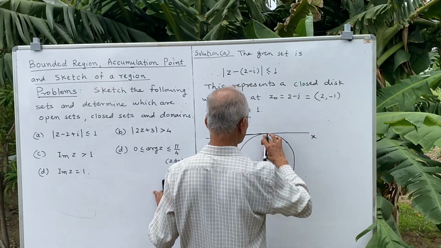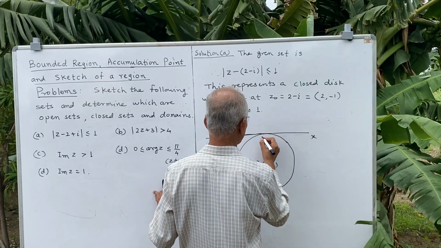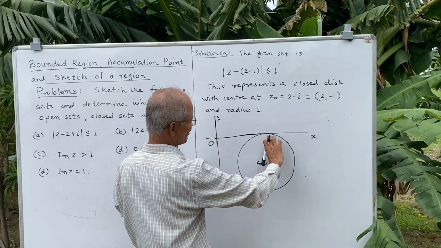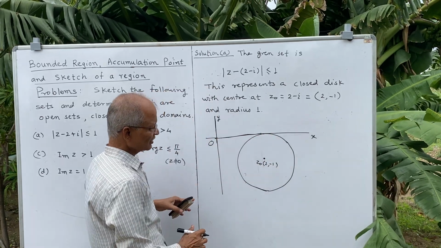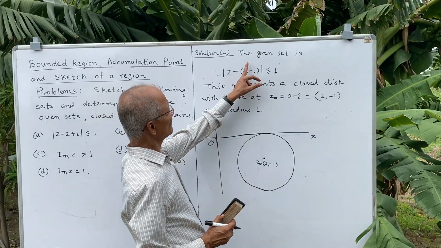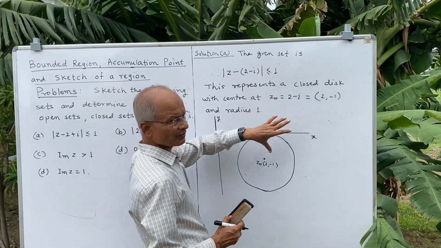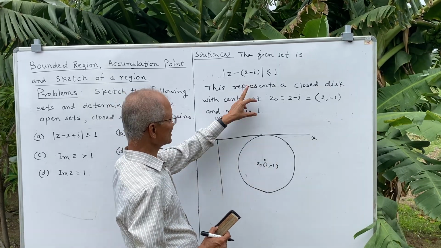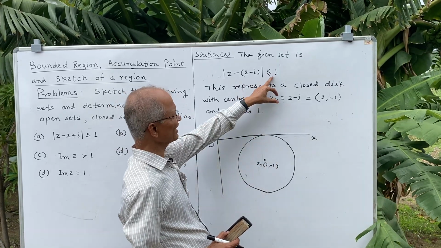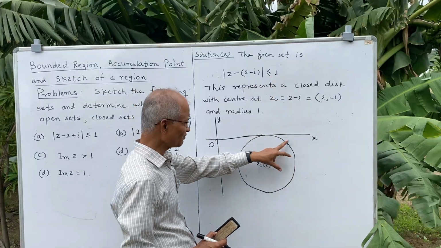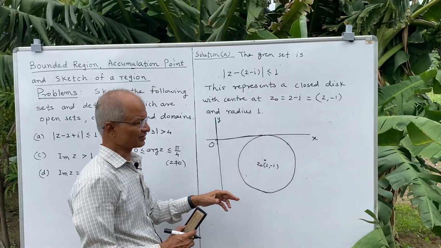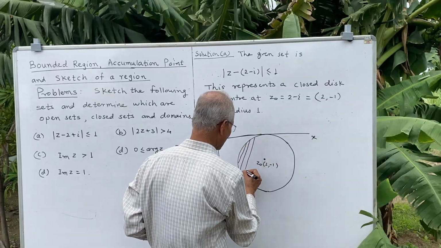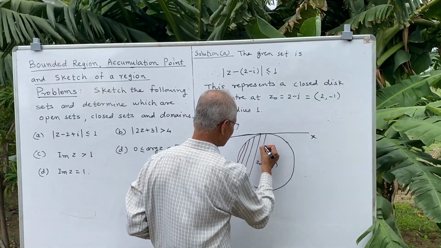This length is 1 unit, and the point here has x coordinate 2 and y coordinate minus 1. So this is the disk, and less than or equal to means all points inside this disk whose distance from (2, -1) is less than or equal to 1, meaning boundary points are also in this set, and therefore this set can be denoted by this shaded region.